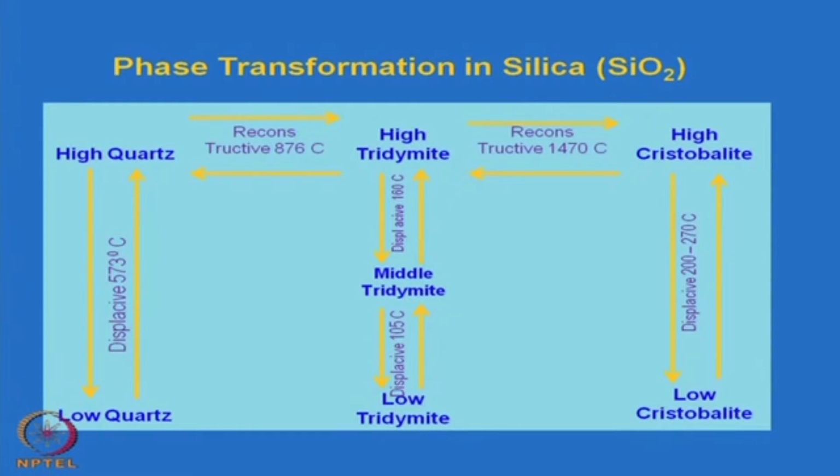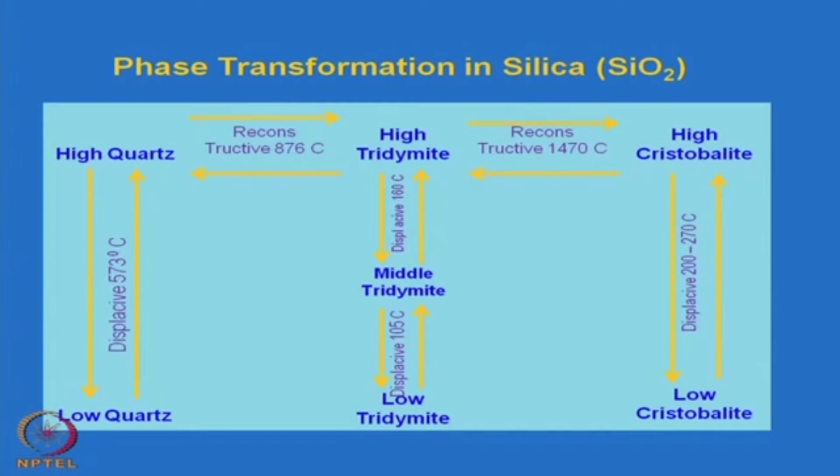Another way of looking at it is that it is a diffusionless transformation, that means no long range movement of atoms. It is some kind of shear movement, a small distance of movement by the atoms, but cooperative movement of atoms can change over from one geometry to another, and that is what we call the displacive transformation, and it is extremely difficult to quench this transformation or avoid it.